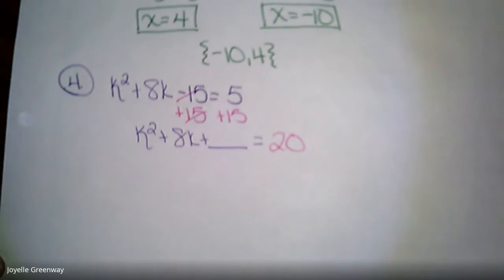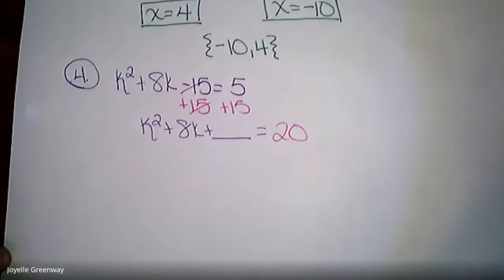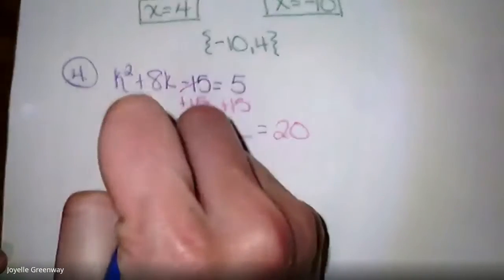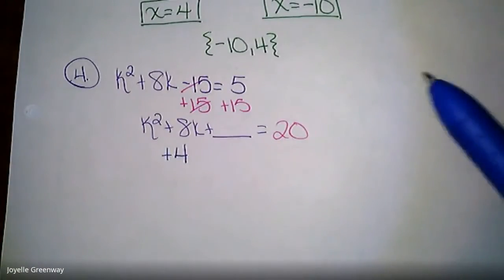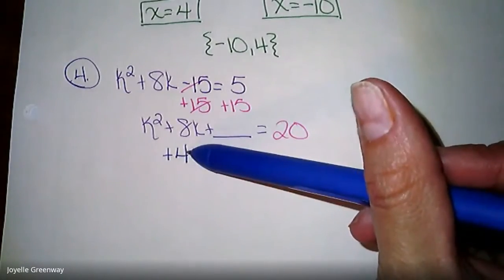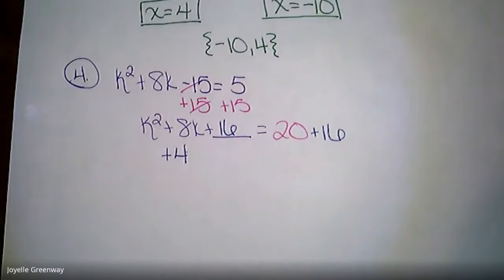Okay, so now I am going to cut my b term in half. So half of 8 is 4 and positive, so plus 4. That's my little note. And then I square 4, which is 16, and I add 16 to both sides.